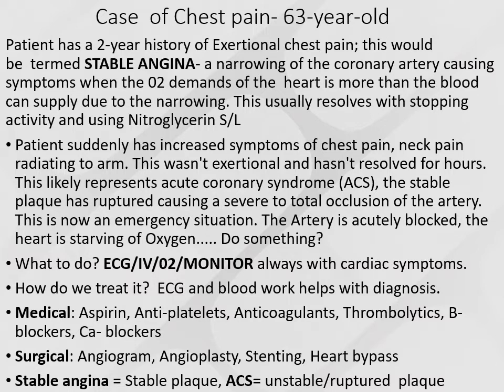So how do we treat this? Well, it depends on what the ECG and the blood work shows. So if it shows unstable angina, so a negative troponin, but some changes on the ECG, that we'll go into later on, and a negative troponin in the blood, so there hasn't been a heart attack, we will treat this with aspirin, antiplatelets such as clopidogrel, and sometimes anticoagulants.